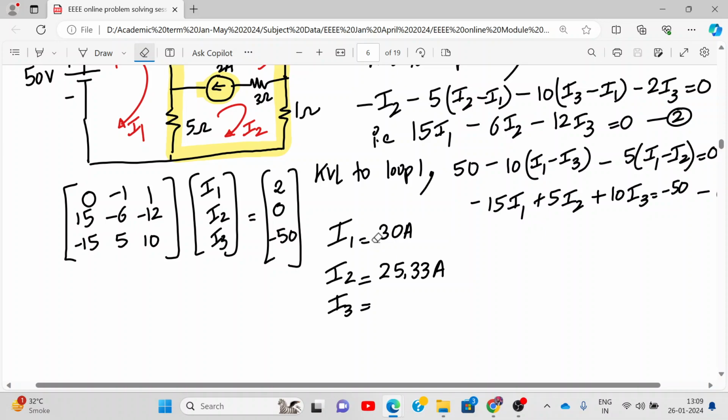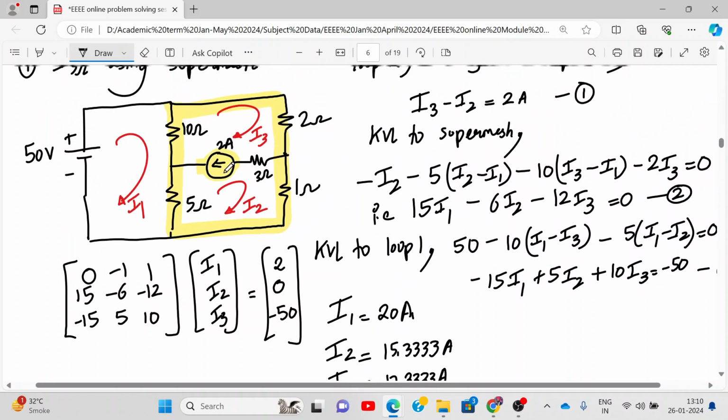So what is correct? Is I1 20 or 30? Anyone also got, Sir, 20. I2? 17.33. Never mind, Sir, it ends at 15, sorry, 15. I3 is 17. Okay, I3 is 17.33. Yes. Okay, fine.